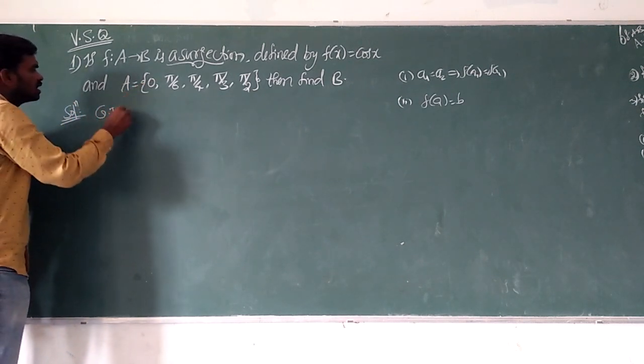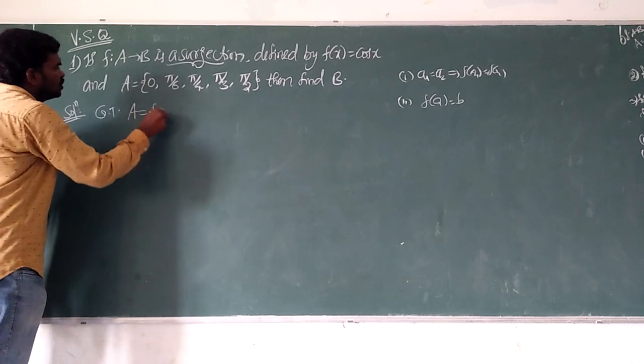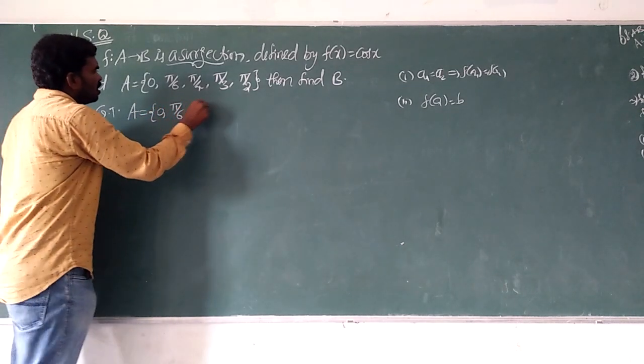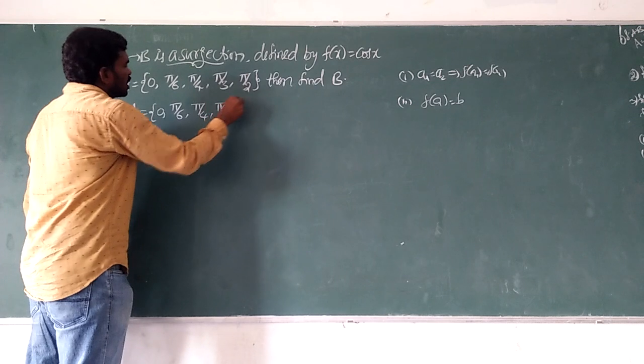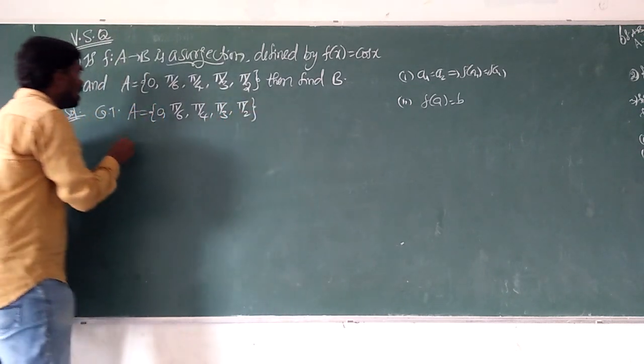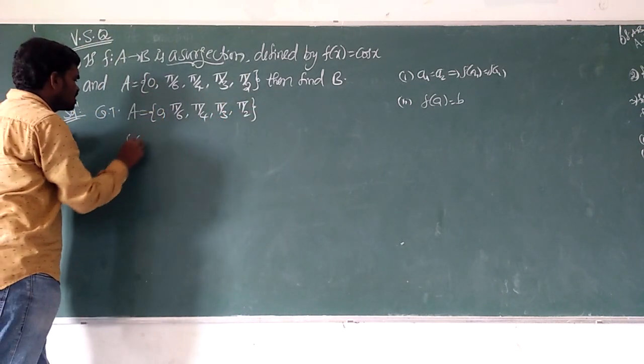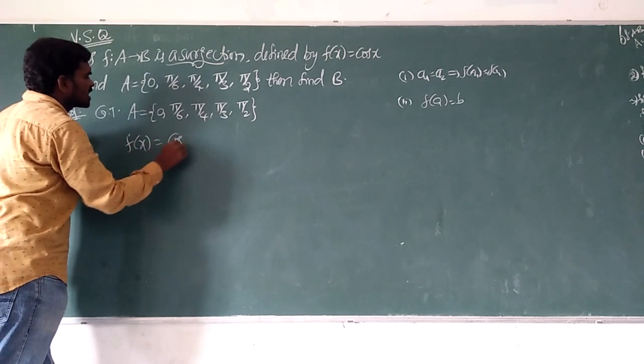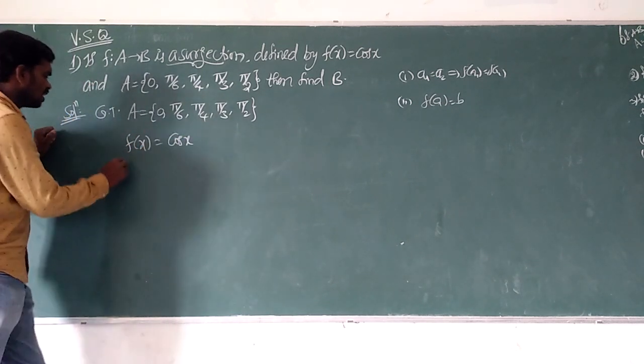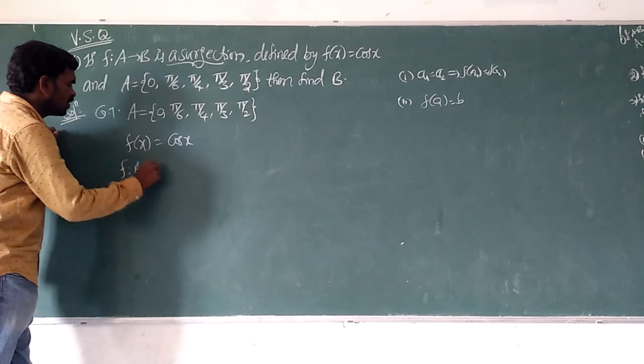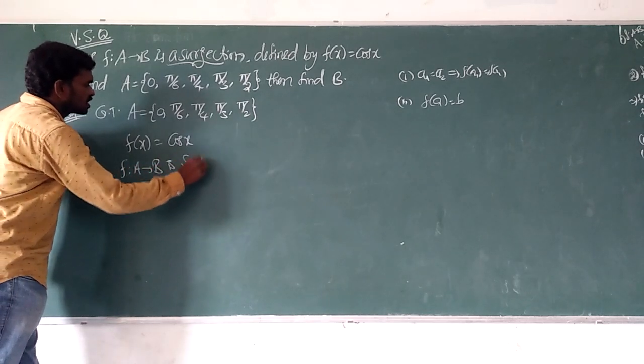First of all, the set A is given as 0, pi by 6, pi by 4, pi by 3, pi by 2. And what is the function f of x? That is given as cos x. So f from A to B is a surjection.